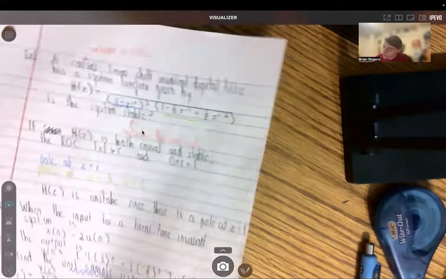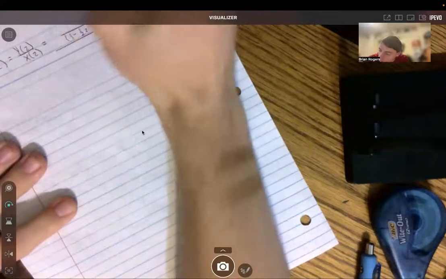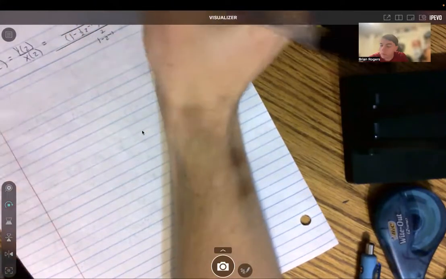And your X(z) here is going to be given by 2 over 1 - z^-1.